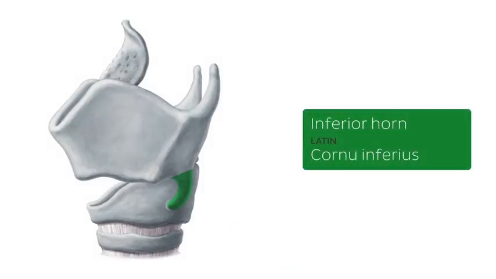Moving past all the cartilages, we're going to go to the third topic on our main list, the membranes and ligaments of the larynx. I want to cover nine of the major ligaments and membranes that I think are the most important ones to remember. An important distinction here is that there are extrinsic and also intrinsic membranes and ligaments within the larynx.